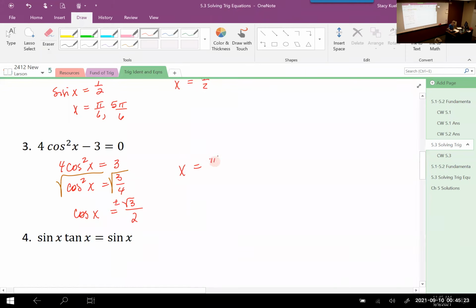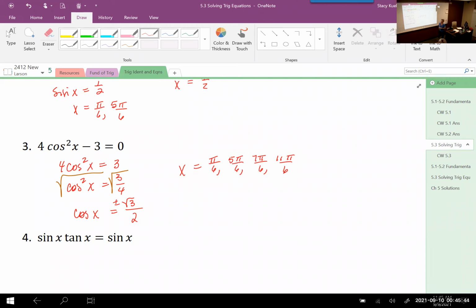Pi over 6. And then let's move around the circle. What's the one in the second quadrant? 5 pi over 6, 7 pi over 6, and 11 pi over 6. Those are the solutions that occur in one revolution or on one period.